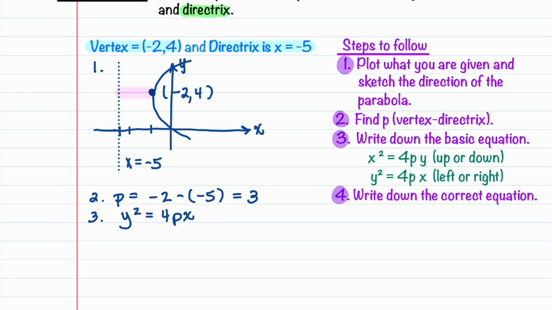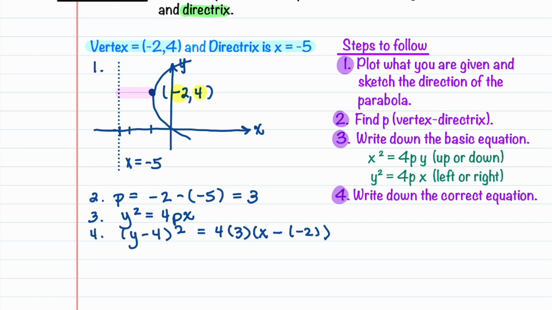Now let's do our last step. For that one, all we have to do now is plug in p and account for our vertex. So instead of y squared, we have a y minus 4 squared. I'm just subtracting the y component of the vertex, and that's equal to 4 times p, which is 3, and then we have x minus the x component of our vertex, which is minus 2.